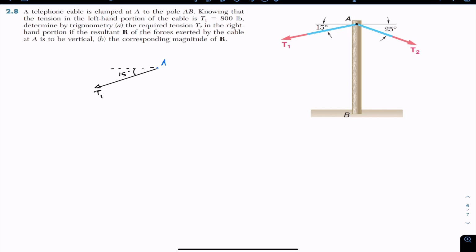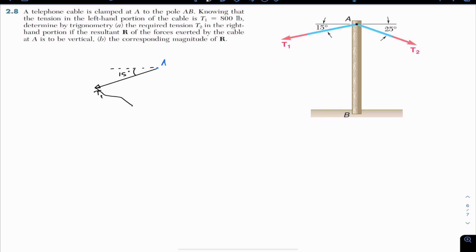Now the sum of T1 and T2 must be vertical, so the vector sum of T1 and T2 must be a vector which is vertical. So I need to add T1 plus T2 by the head to tail rule.